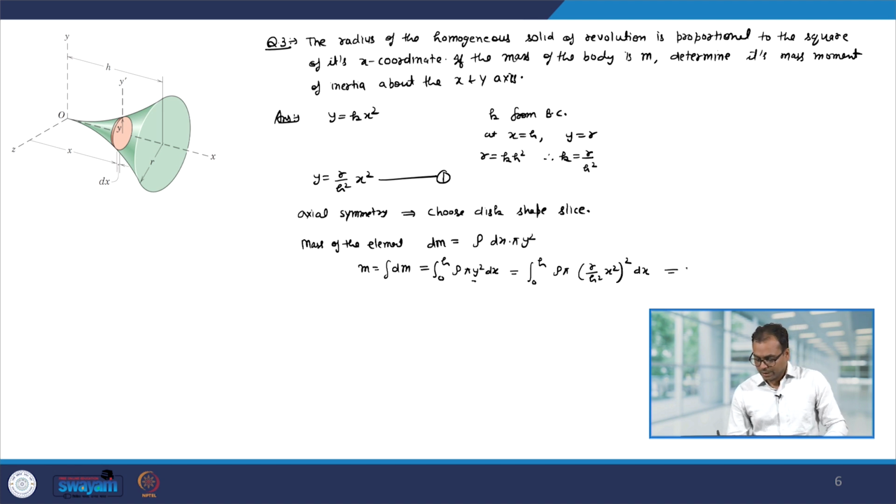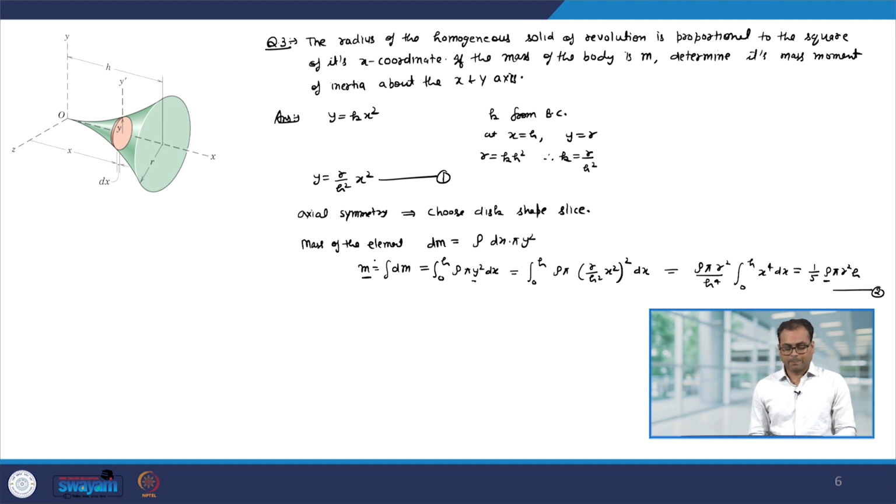Okay. So, here rho pi and r square over h to the power 4, all of them are constant, let us take them outside, then we have 0 to h x to the power 4 dx, and that will be equal to 1 by 5 rho pi r square h. Let us call this equation number 2, this we can use to convert rho to m.